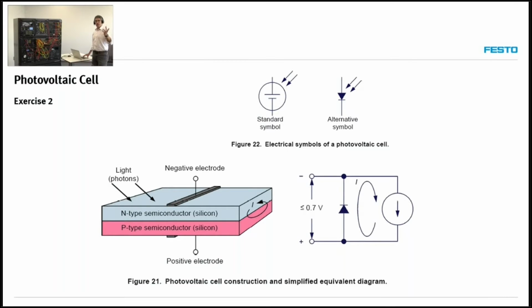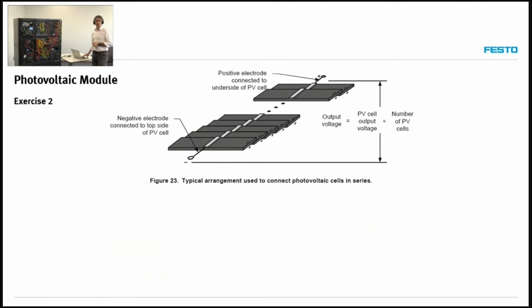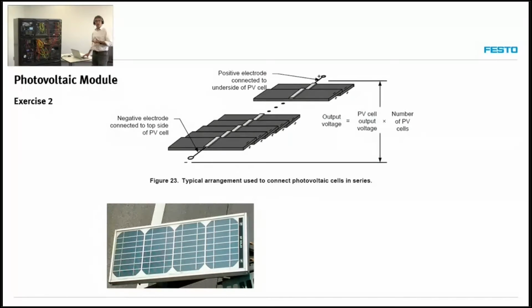So just a few screen captures, some images taken from the manual. So here showing what is a photovoltaic cell, how it works, what is the equivalent electric circuit, how we can combine multiple cells together to get a photovoltaic module that will provide us with a certain amount of voltage and current, how they are integrated in a full solar panel.